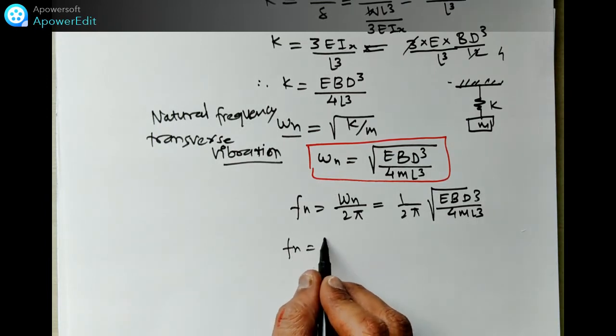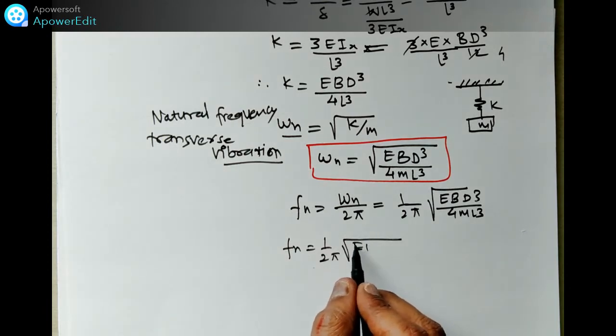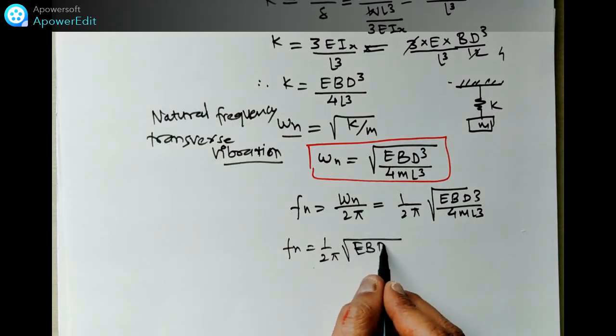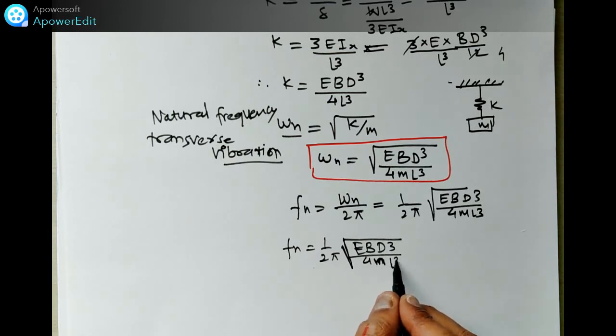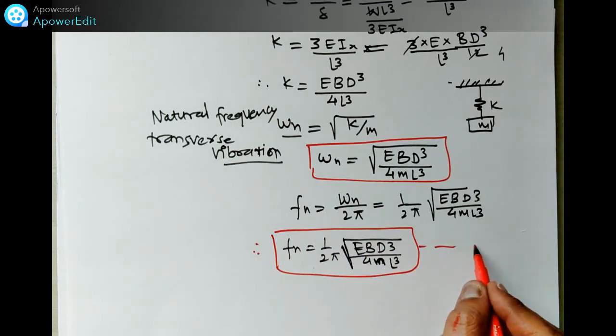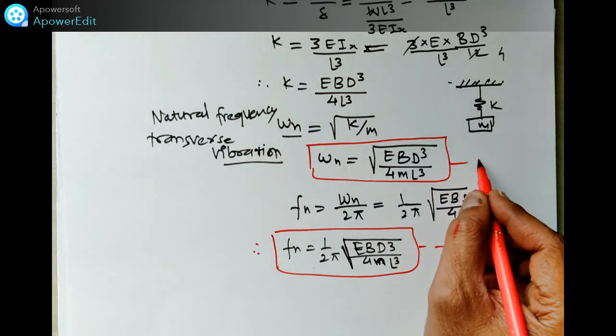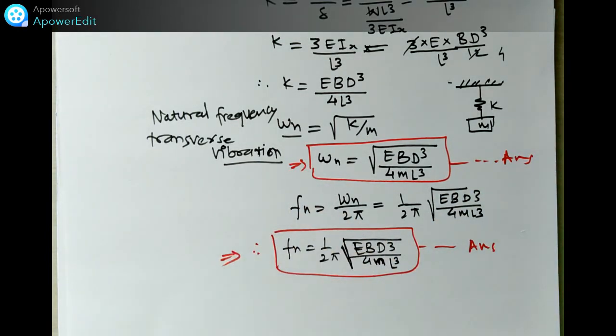Finally Fn becomes 1 by 2 pi under the square root of EBD cube over 4mL cube. This is the final answer. This is the natural frequency and this is the frequency of oscillations we have found out.